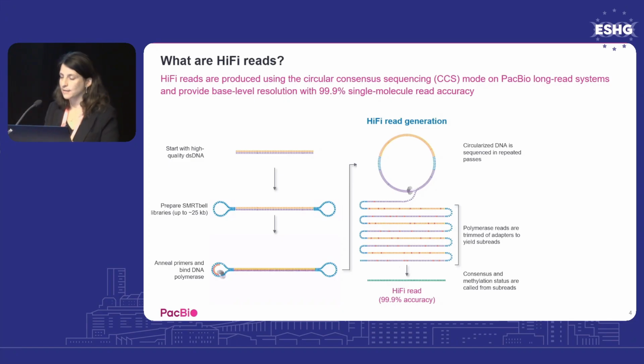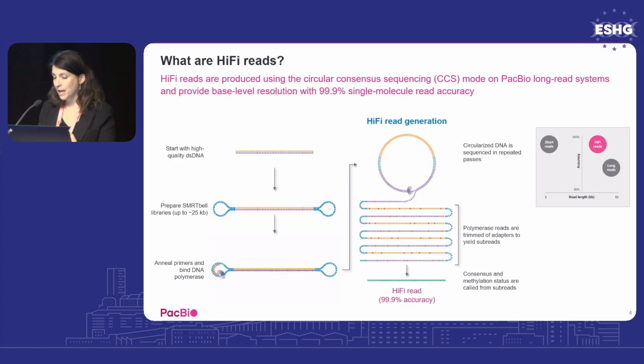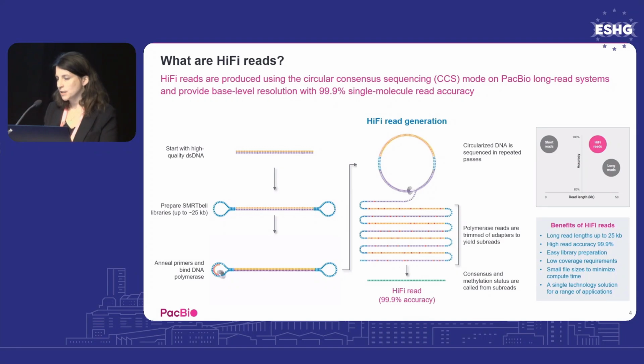It's how we can get to over 99.9% accuracy. To recap, HiFi reads are much longer than short reads, but as accurate or sometimes even more than short reads. The main advantage for today's FFPE cancer project, I would say, is comprehensive variant detection with, of course, SNPs and indels, but also larger variants and phasing.